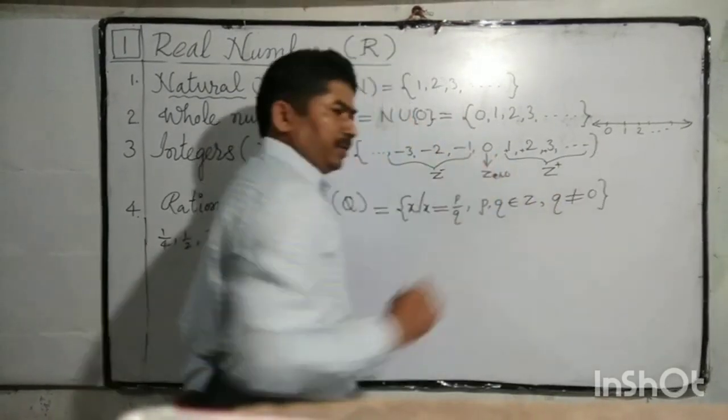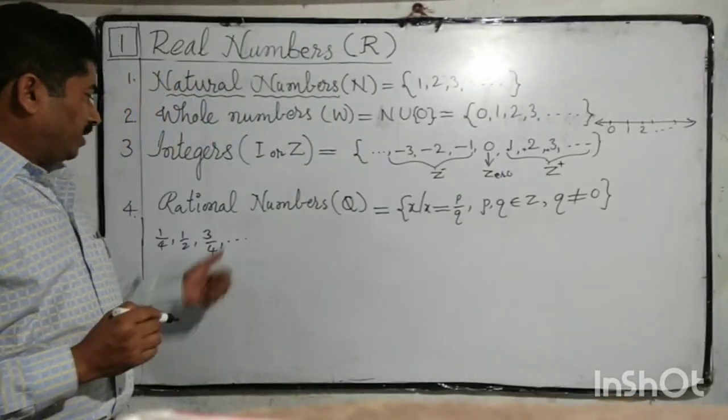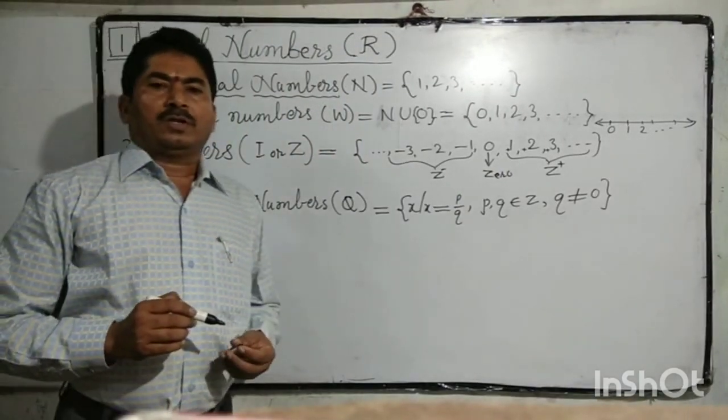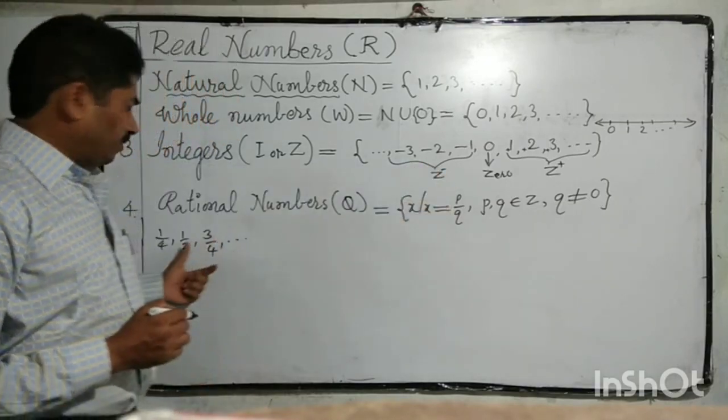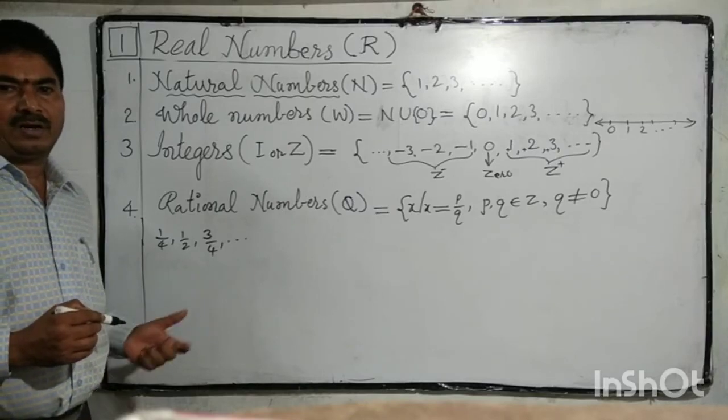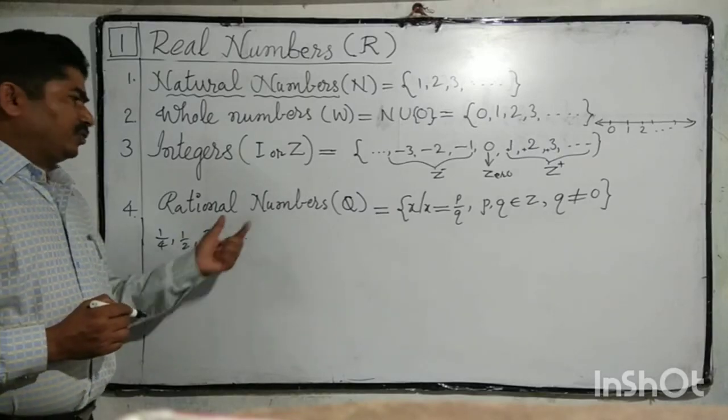This is the set builder form. The definition is: the numbers which can be written in the form of p by q, like fractions, are called rational numbers.